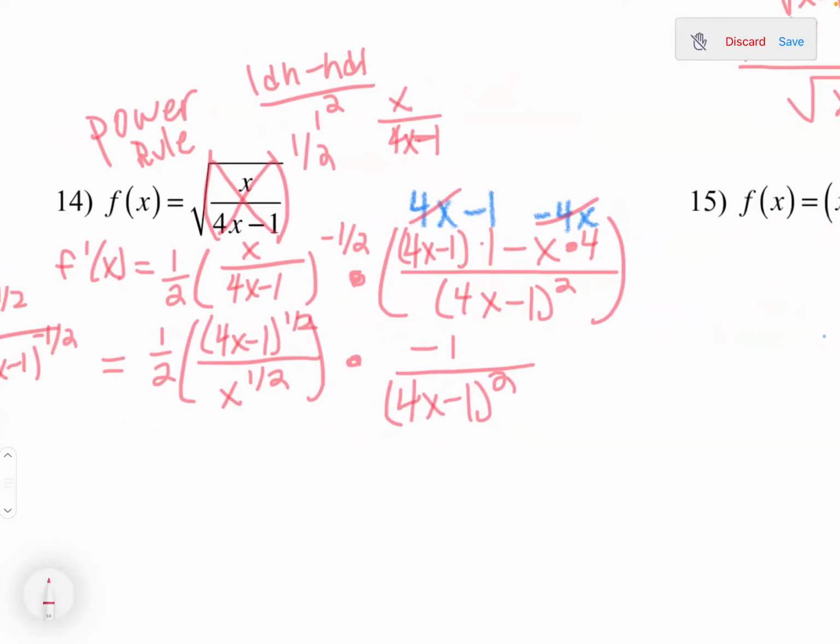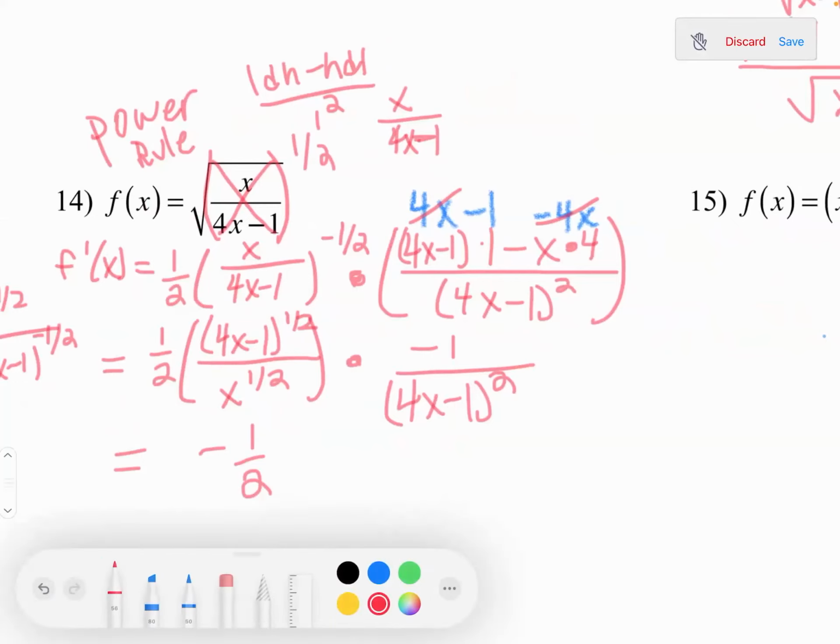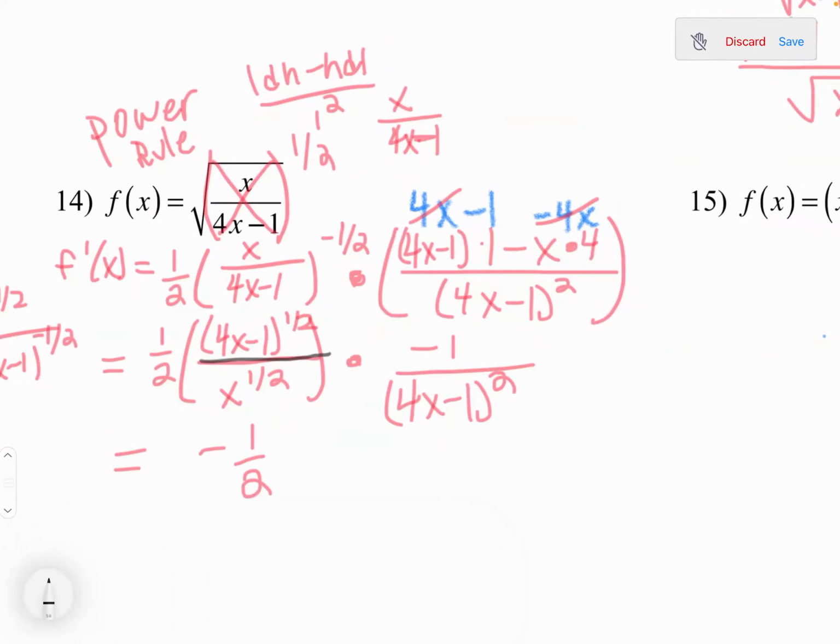We can multiply the 1/2 and the negative 1 together, and we get negative 1/2. We have some common factors here, one in the numerator, one in the denominator: 4x minus 1 to the 1/2 and 4x minus 1 squared. We can simplify that. We have two factors in the denominator and half a factor in the numerator, so we can combine that. We end up with 1 over x to the 1/2.